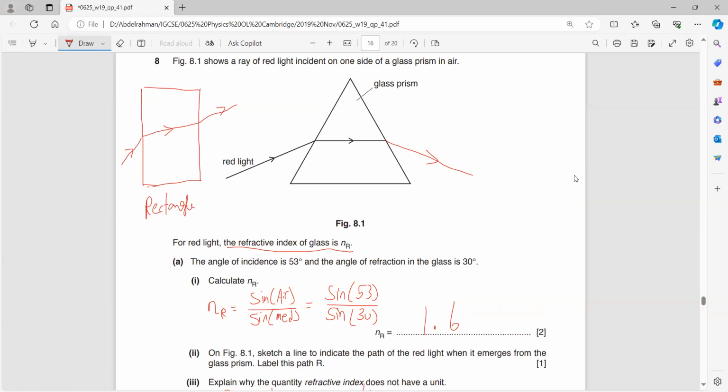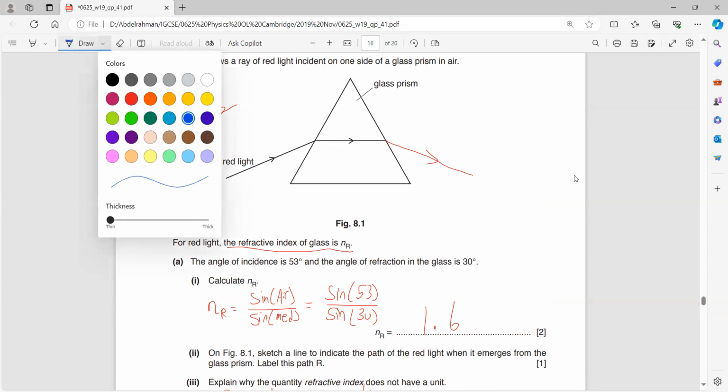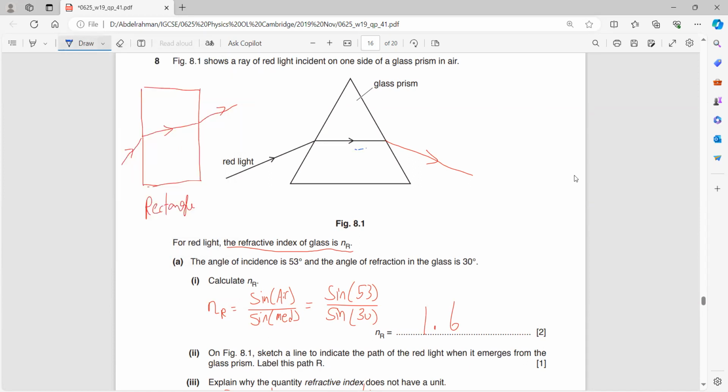It will refract downwards and then as it goes out it will refract even more downwards. Look, if I have the normal line, the normal line will be something like this. Okay, this is the normal line. Let's erase it and draw it again.